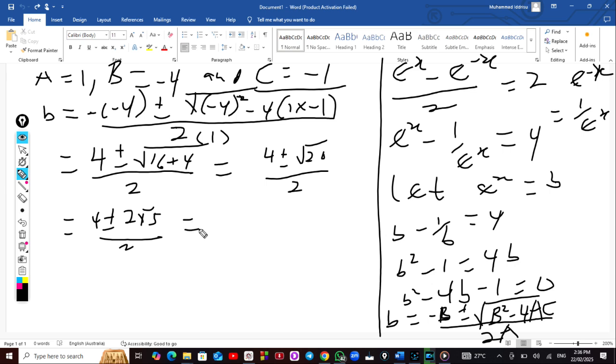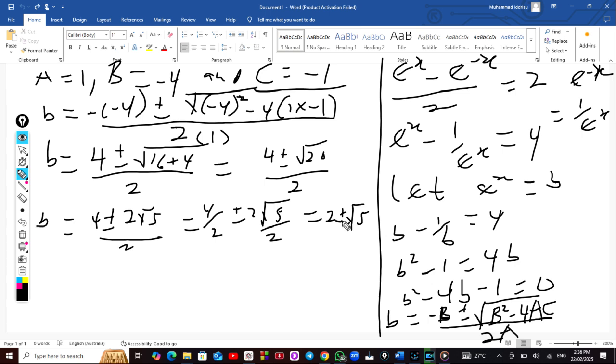This means 4 divided by 2 plus or minus 2 root 5 divided by 2. 4 divided by 2 is 2, so we have 2 plus or minus root 5.